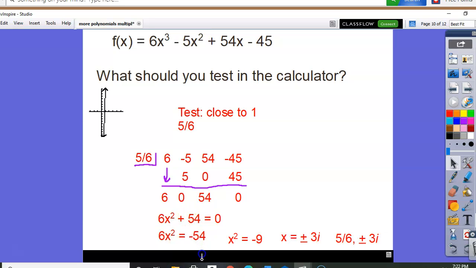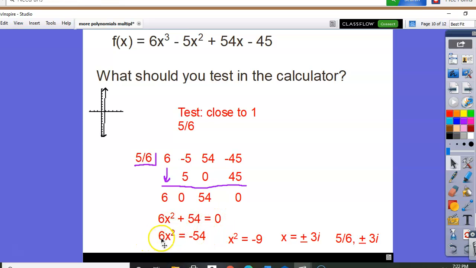And when I do that, I can move my 54 over and divide by 6 on both sides to give me x squared is equal to negative 9. When you square root both sides, we get x is equal to plus or minus 3i because of my negative here. So my zeros for this polynomial function are 5 over 6 and plus or minus 3i. Those are my 3 zeros.